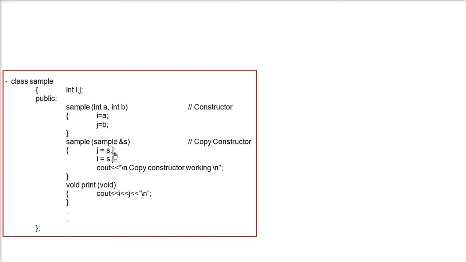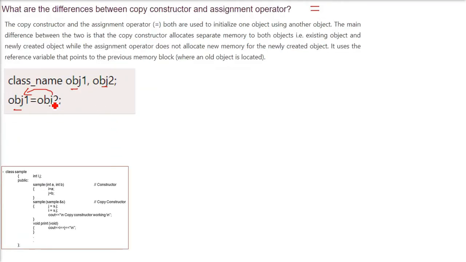What you are doing is taking the content of the above constructor and putting it inside some other constructor. That is, whatever you got in i and j, now you are putting s.i and s.j into this. This is the copy constructor working. I'll tell you the other way also how it is done. This is the actual way how it is seen.